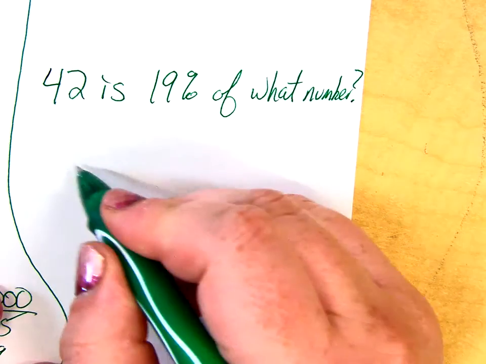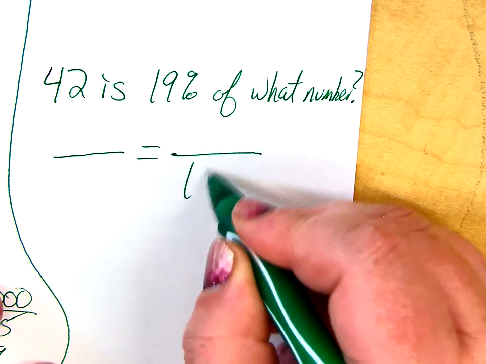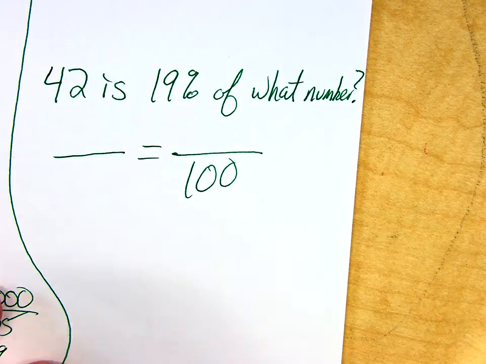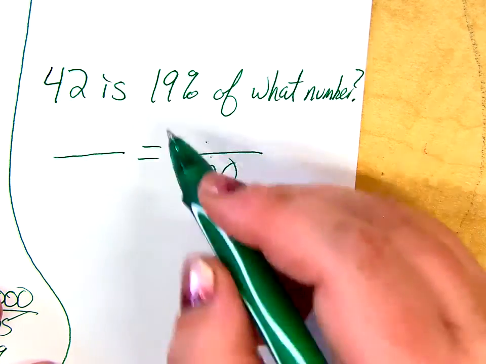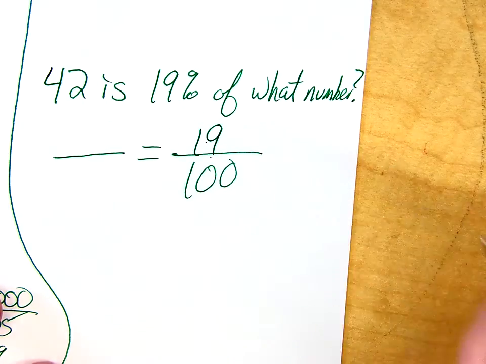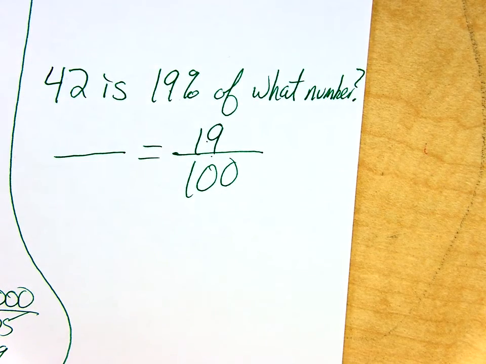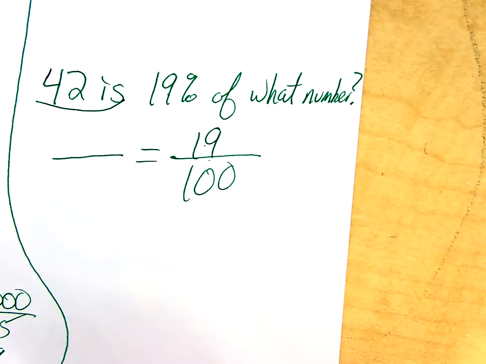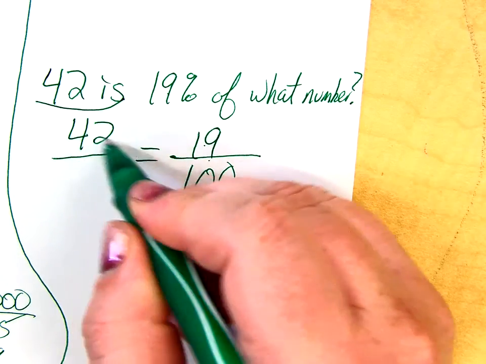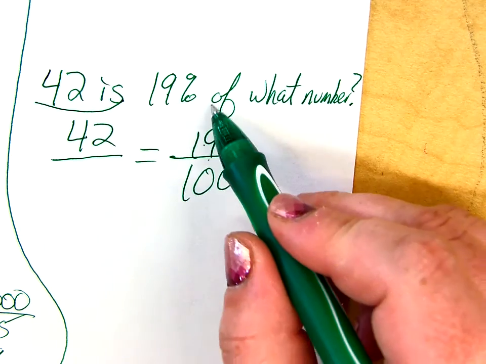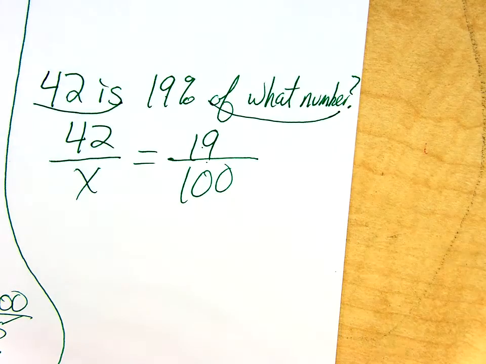So let's try it. Put 100 down in the corner. Sometimes I also like to start with filling in the percent because it's right there. It's got the percent on it, so I know 19 goes there. 42 is. Where will that go, guys? It's got to go up on the top in the is spot, which leaves of what number will be an X right there. Did you guys fill in the proportion correctly?